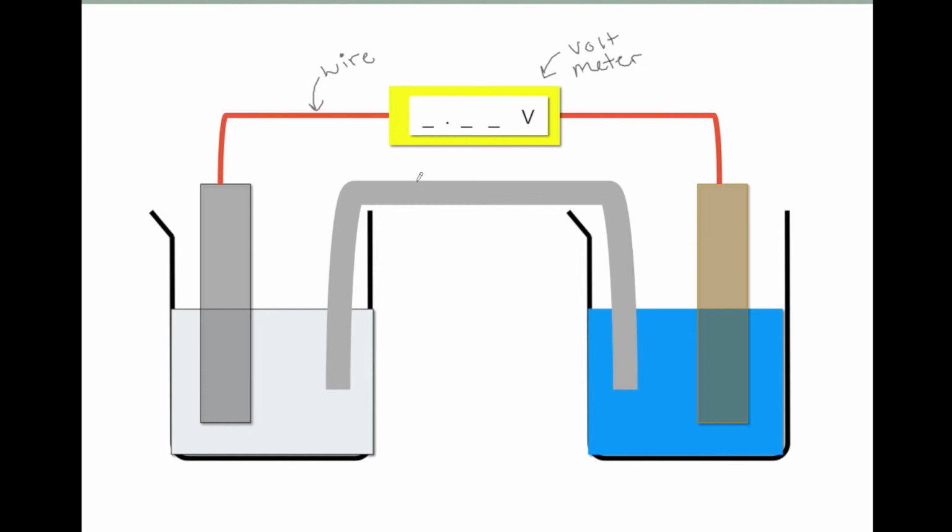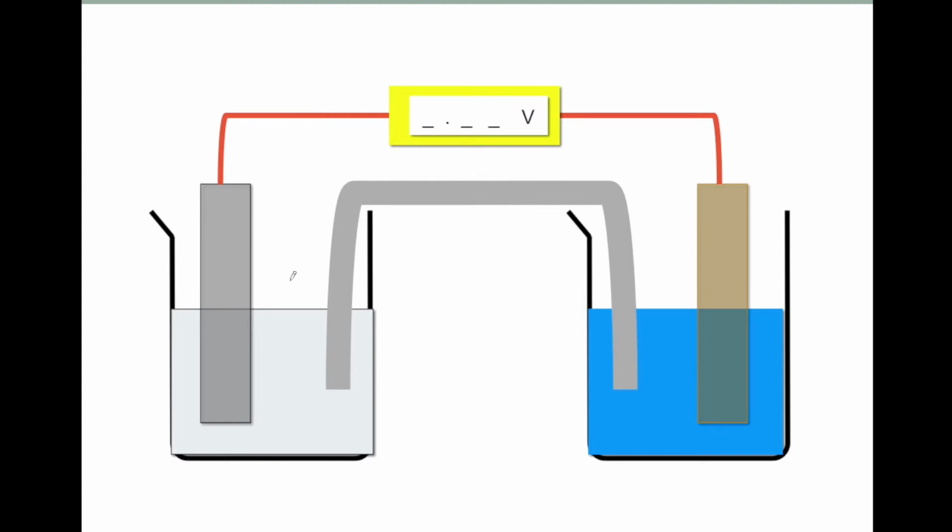And this U-shaped thing in gray is what's called a salt bridge. A salt bridge is very important in keeping cell neutrality. If we do not have a salt bridge, eventually we'll get charge buildup, and this will oppose the flow of electrons, making our cell no longer work.